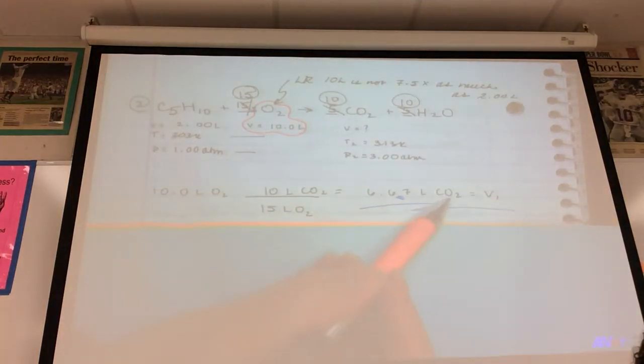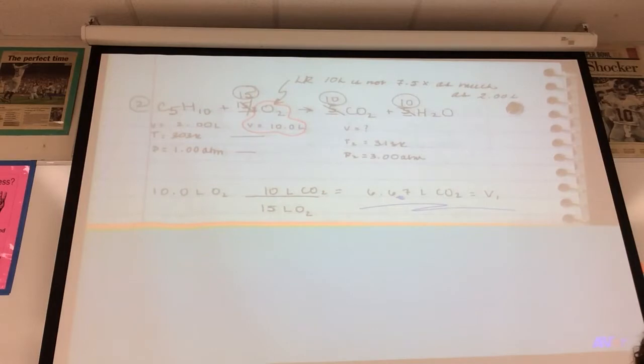Did you get 6.67 liters of CO2 as the volume under the first set of conditions? Is this your V1? Is that what you got? Okay, and once you get that, what do you do next? Combined gas law.